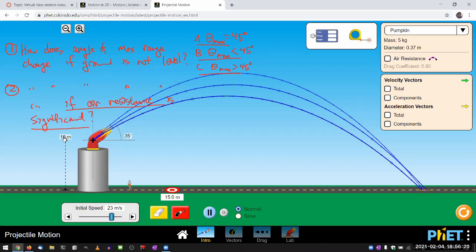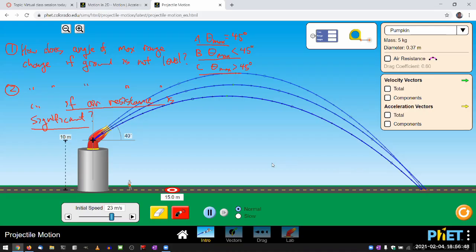So it looks like at this height of 10 meters, somehow 40 degrees is the angle that gives the maximum range. And the simulation is where you can explore a number of things. So we have one answer here, that with all this set of parameters, 40 degrees was the one that gave the maximum range.